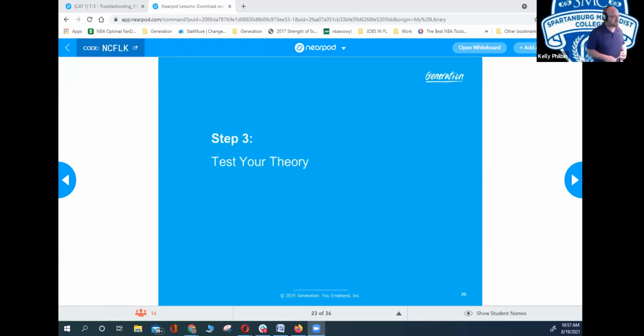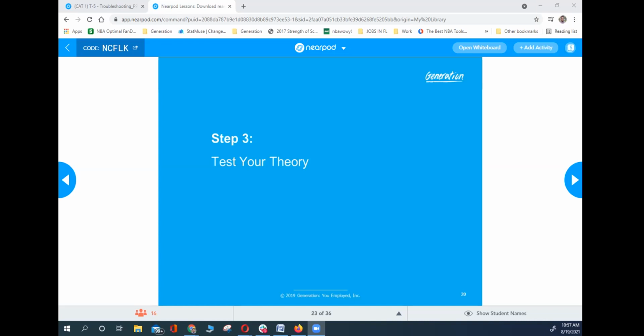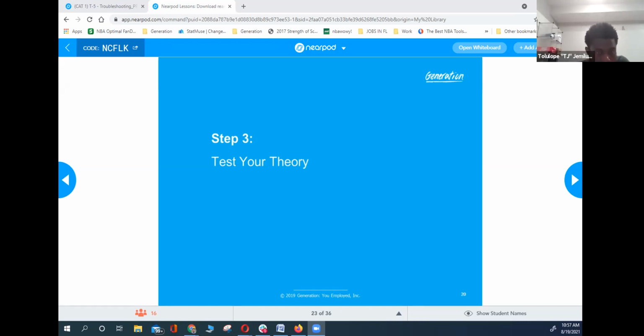Next step. So what was the first step? Identify the problem. Was there a second step? Ask open-ended questions. That'd be part of identifying the problem, but getting there. Establish a theory.